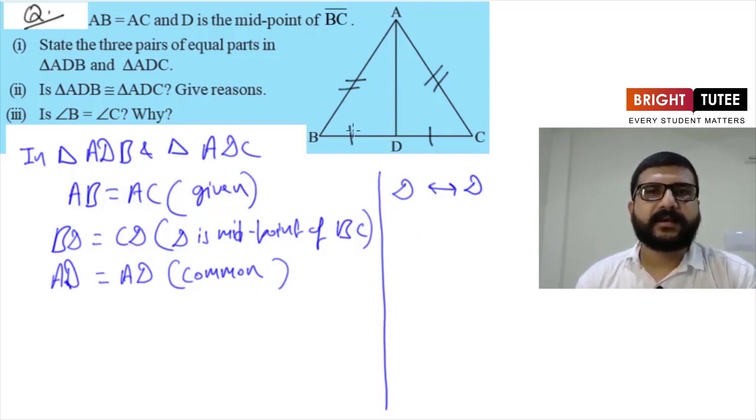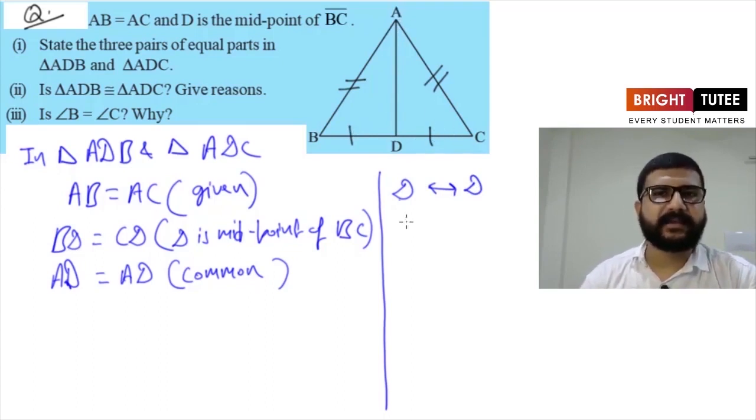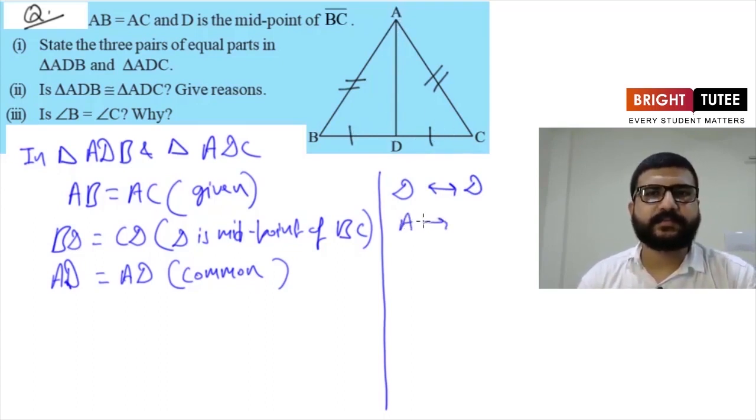It means vertex opposite to BD is A, and here vertex opposite to CD is again A. So it means A corresponds to A. Now we are left with B from here and C from the second triangle. So it means now we can write the congruency relation like this.